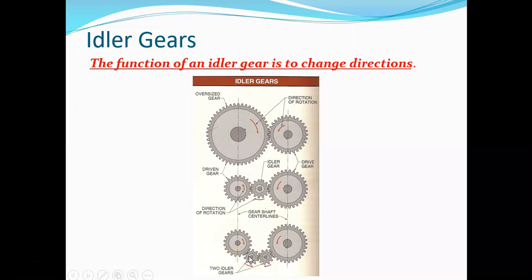You're creating more friction. The fewer gears that you can have in a system, the better off you're going to be, because you're going to have less friction build up in that system.